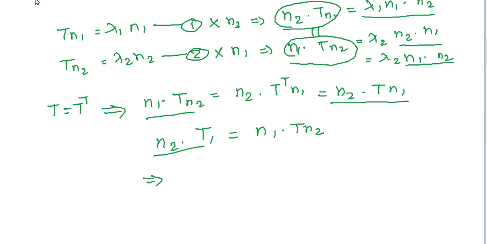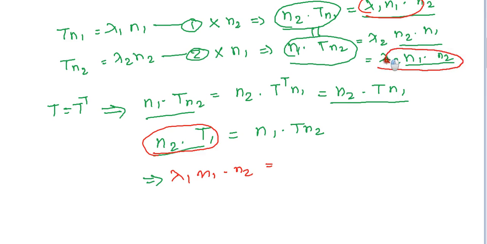I'm going to change the color. So what is the value? What is the equal of that? This is the equal of that, right? So we can write down here alpha 1 n1 dot n2 equal to, and the corresponding value of that is alpha 2 n1 dot n2, right?